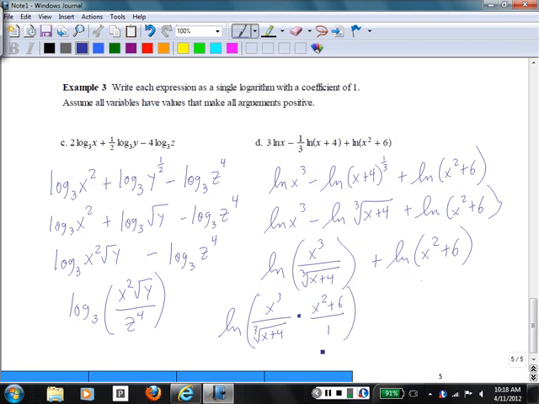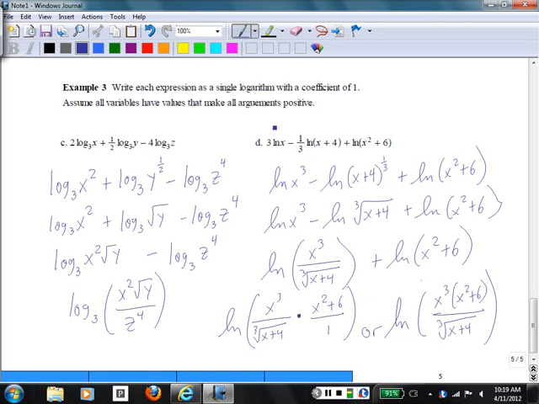We're supposed to multiply the numerators, x cubed times the quantity x squared plus 6, and multiply the denominators, the cube root of x plus 4 times 1. And then it's done. Single logarithm with a coefficient of 1.